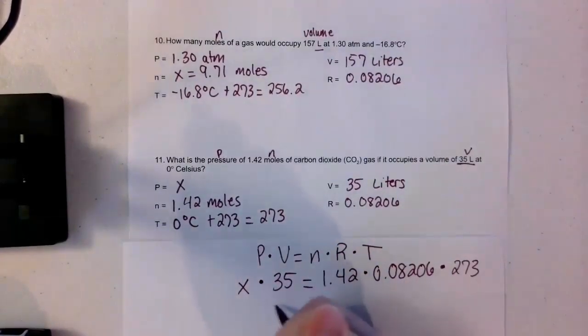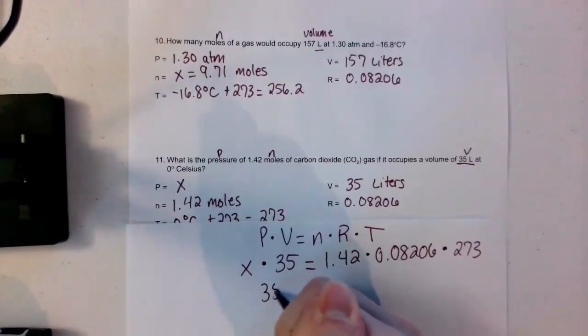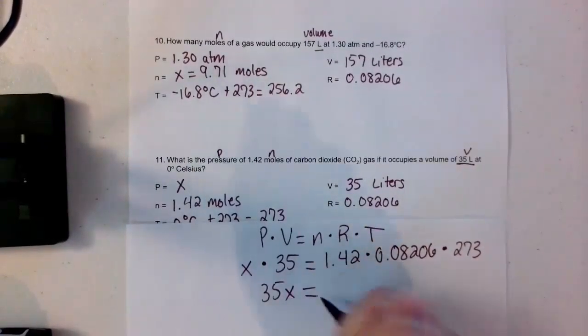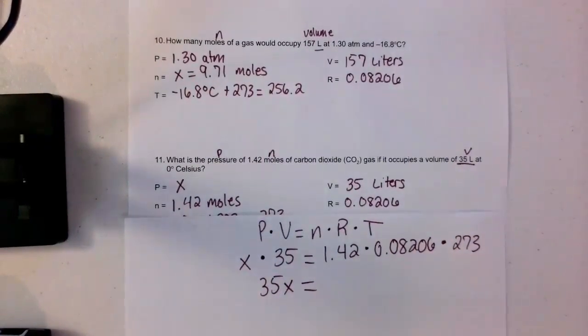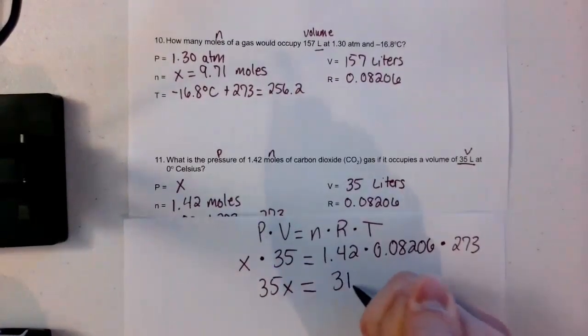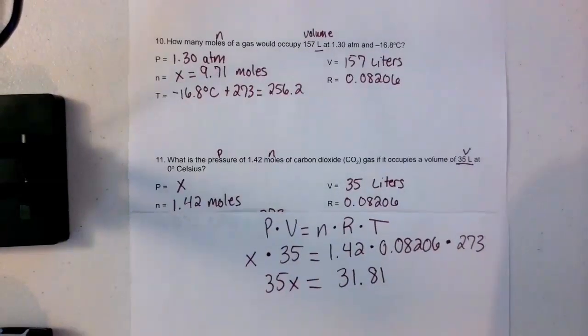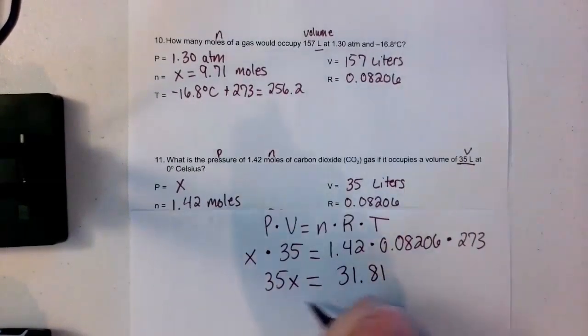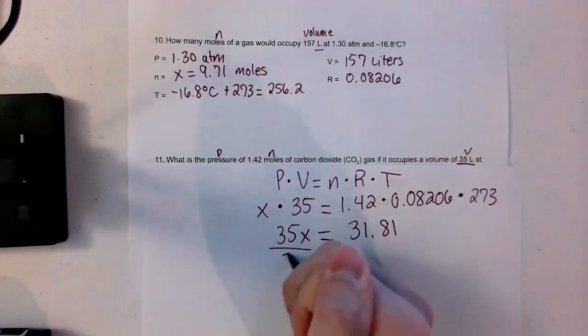So now on this side we're going to have just X times 35, so that's going to be 35X, equals 1.42 times 0.08206 times 273. On my calculator, I got 31.81. And now, to get this X by itself, I'm just going to divide by 35 on this side.